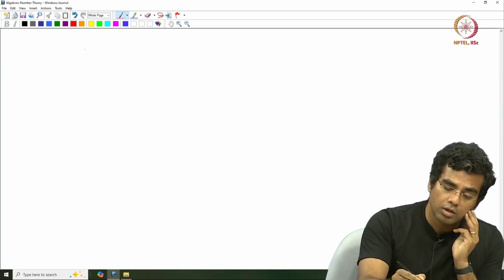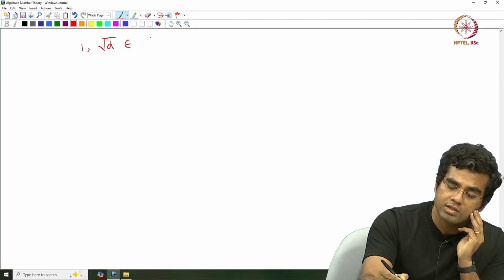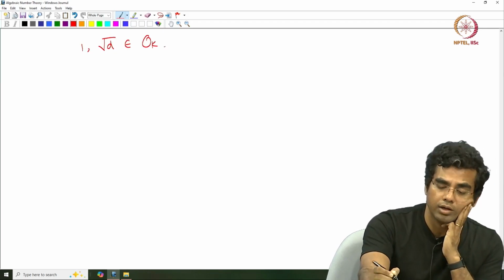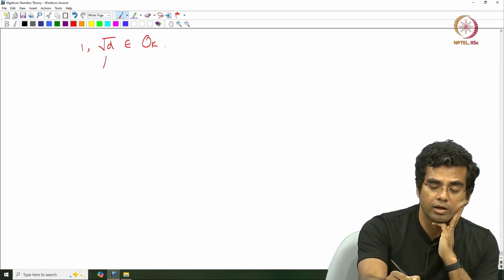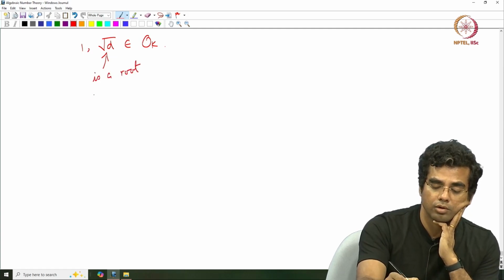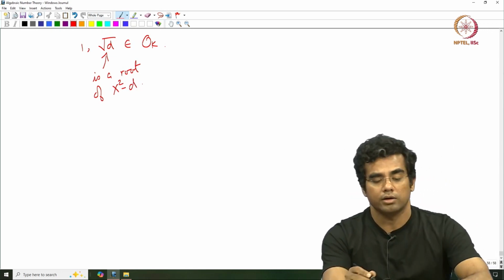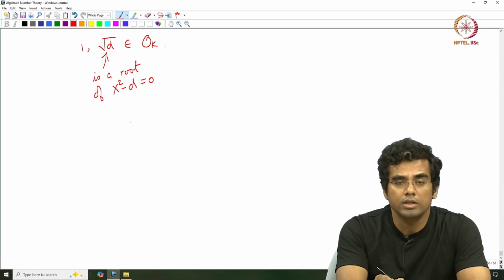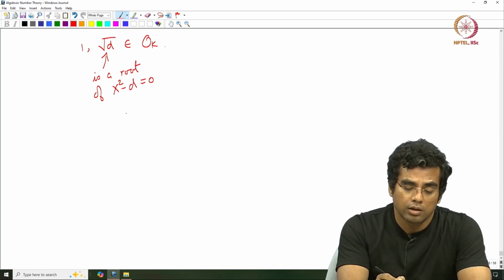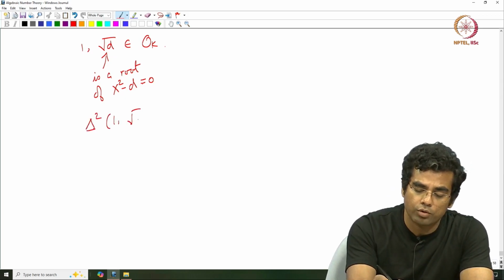All right. So, in this we know that 1 and square root of d are both in O_K, because 1 is an integer, so it is also an algebraic integer, and square root of d is a root of x squared minus d, a monic polynomial over Z. So, 1 and the square root of d are algebraic integers. Now, I compute delta squared of 1 and square root of d.